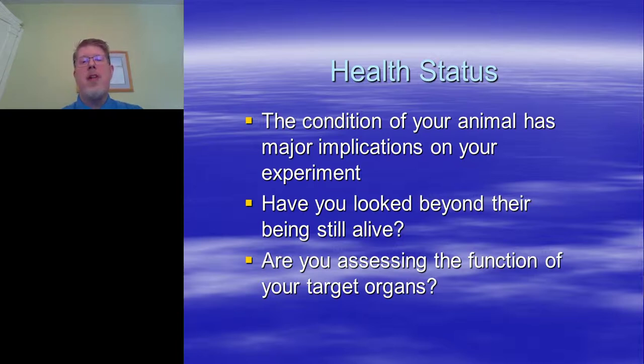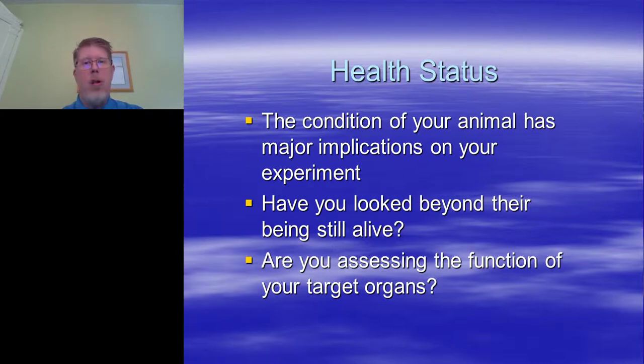And then specifically in surgery, what's the health status of your lab animal? This is one of the biggest pitfalls I've seen. I've been a bit of an advocate for a good decade and a half about this. And it is this: if your animal is not healthy, if it has compromised organ systems, this will change the results of your experiment.